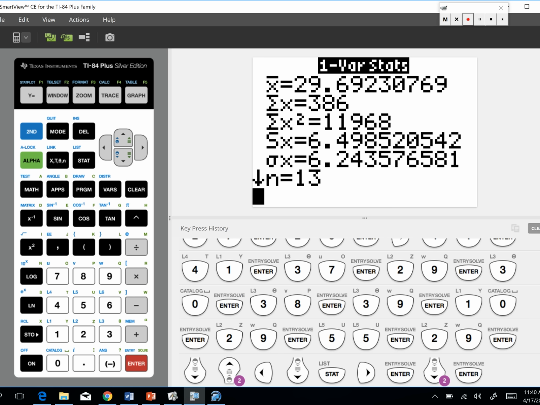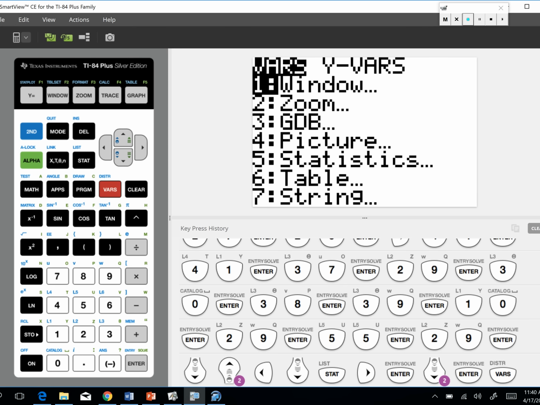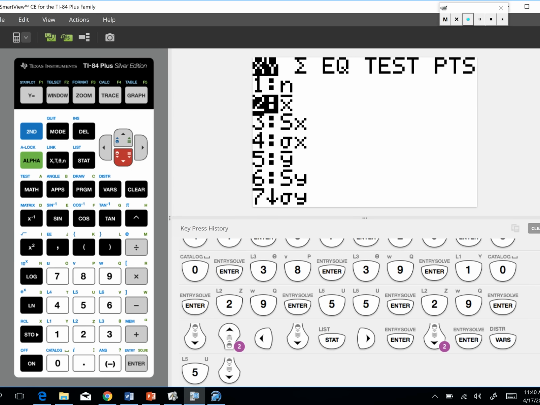Now, I know we need to enter the variances in. If you wanted to, remember, we can go VARS, number 5, statistics. And there we see number 3 is the Sx. So VARS, statistics, and then we see the Sx there.